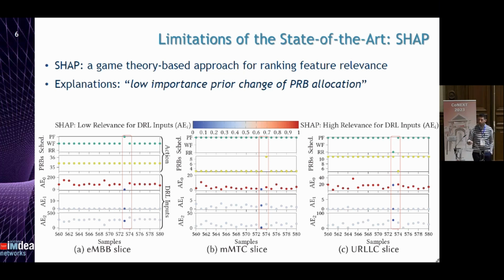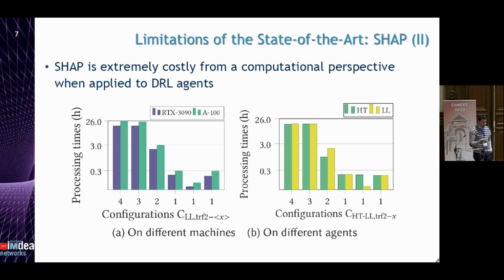So, nice, but unfortunately, this type of explanation doesn't tell us anything about network meaning. You don't know if the agent was taking this action to improve throughput or to reduce buffer size, and to us it was a little bit intractable to use. Further, this is also very costly.